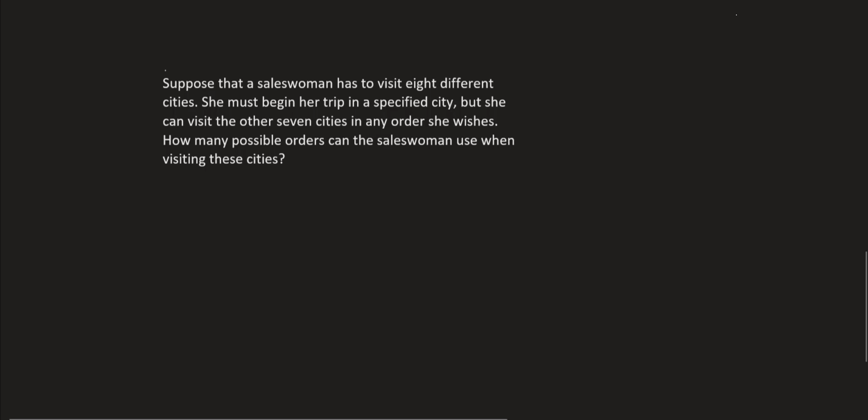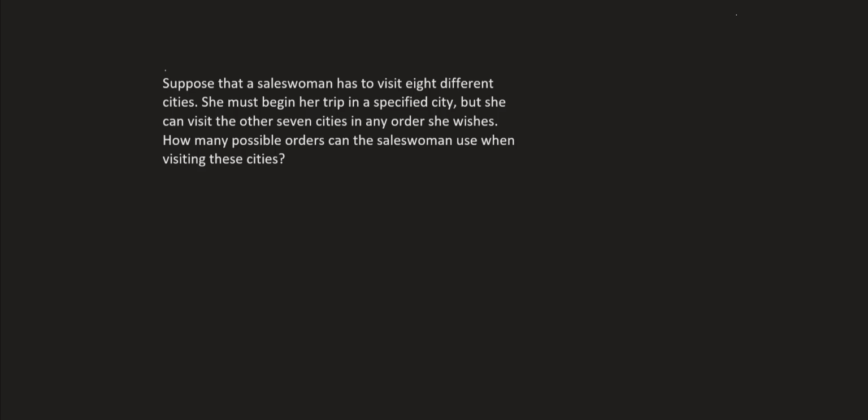Now, suppose a saleswoman has to visit 8 different cities. She must begin her trip in a specified city, but she can visit the other 7 cities in any order she wishes.